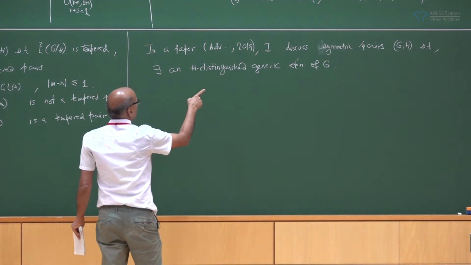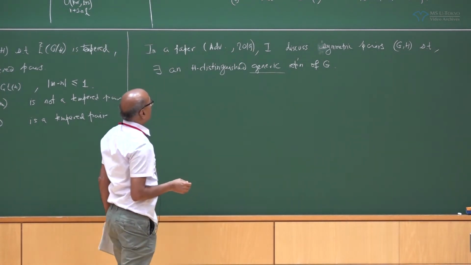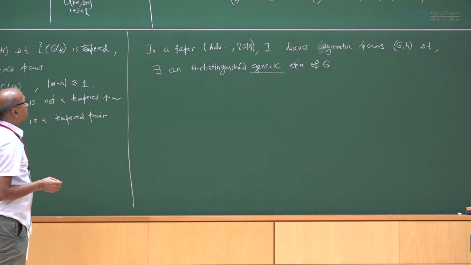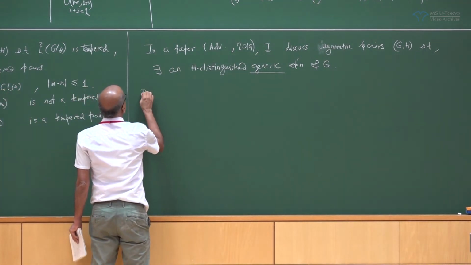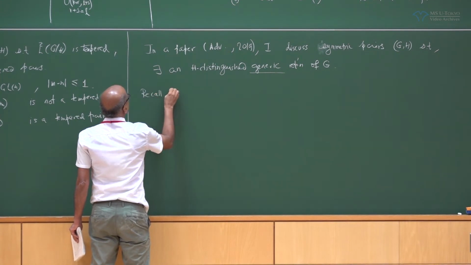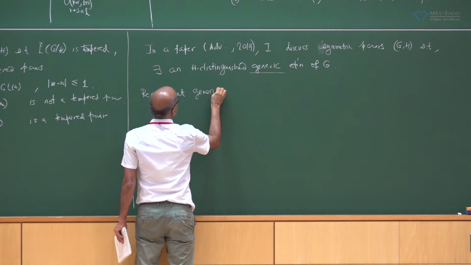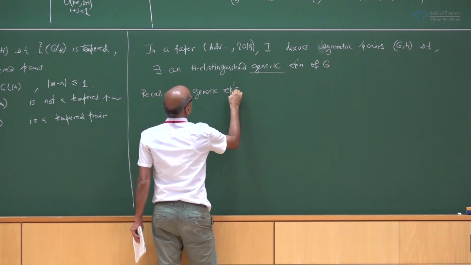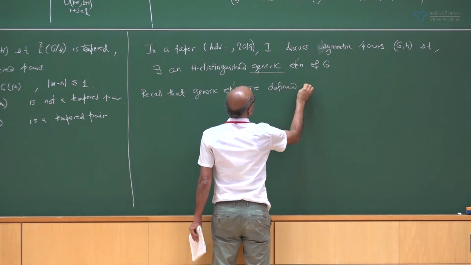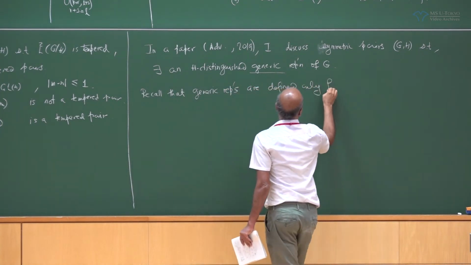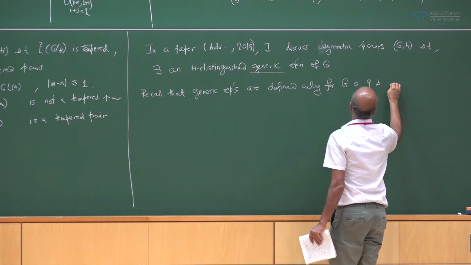So I should begin by just, I guess this is a rather common notion, but still, so recall that generic representations are defined only for G a quasi-split group.